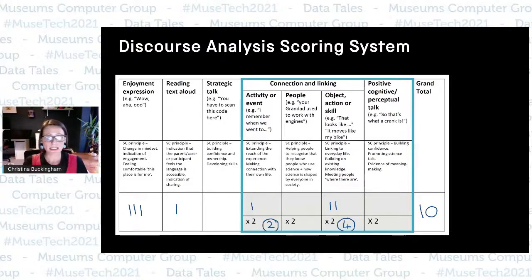You can see the turquoise boxes are categories that score even higher, indicating the real importance and valuable meaning-making types of conversations. And this solid data is allowing me, again, to compare one prototype to another and to report my findings back to the museum.